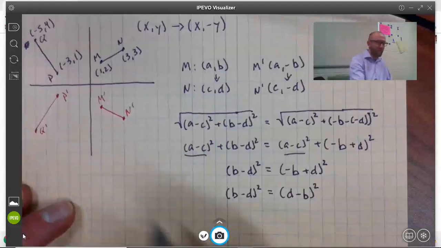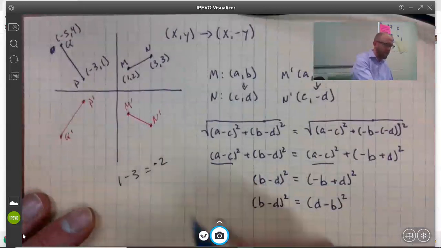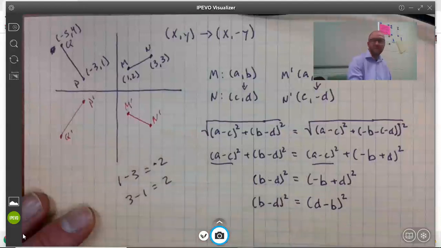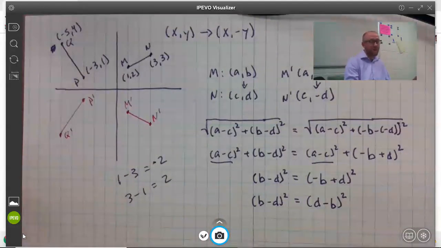So for example, 1 minus 3 is negative 2, and 3 minus 1 is positive 2. So whatever these two numbers are, they're going to turn out to be just opposites of each other. And when you square opposites, you get the same answer, so we're going to end up with the same thing.